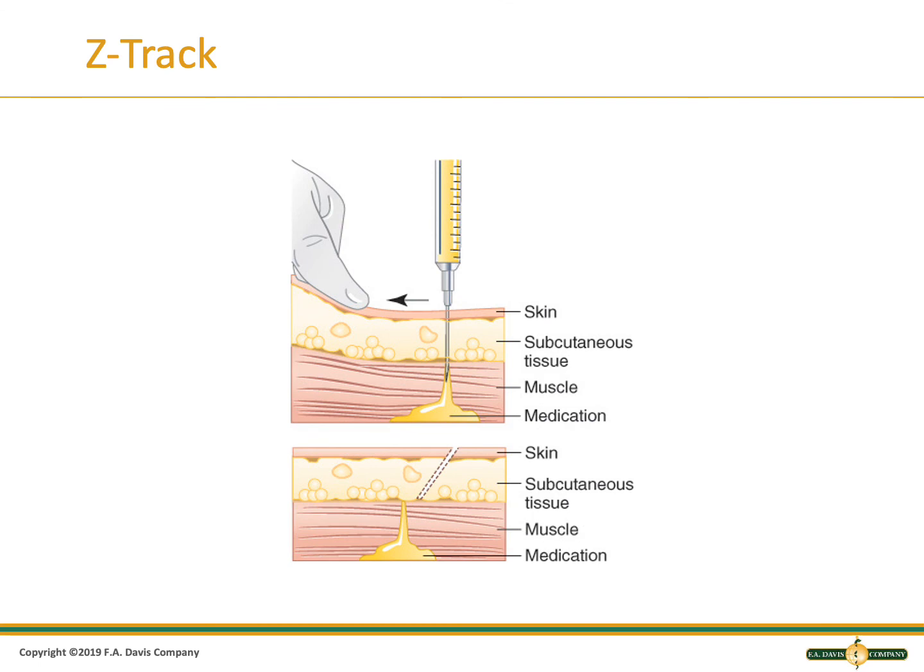A couple more things about the IM injections before I talk about the Z-Track, which is also one of the methods of an IM injection. But in general, IM injections might be contraindicated if the person is taking aspirin, acetaminophen, or supplements like ginseng that cause bleeding.